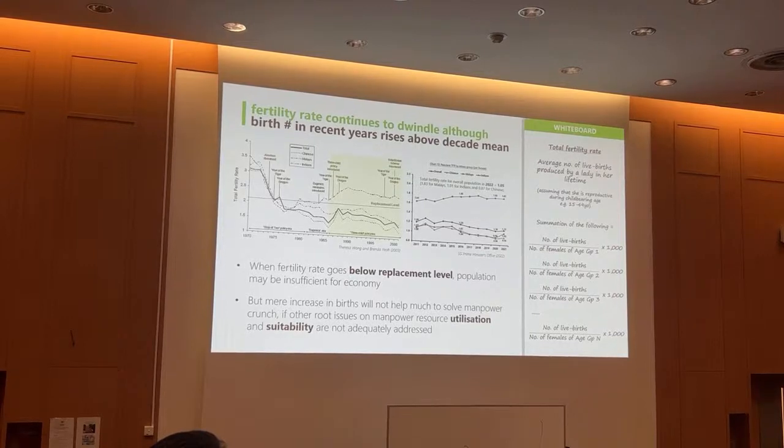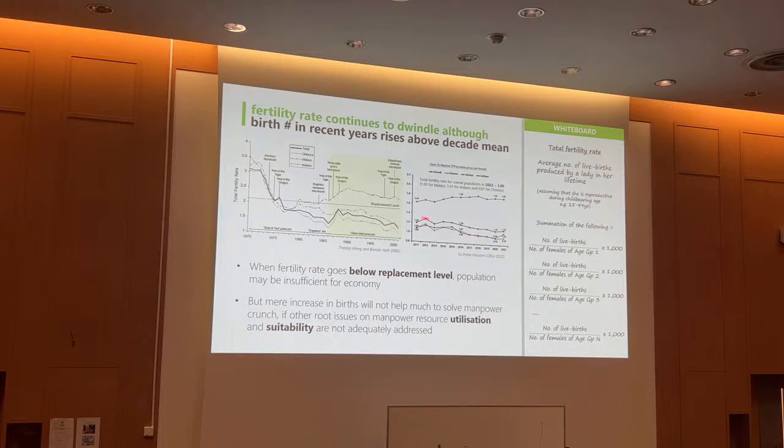So if you have a couple, 2 human beings, and if you can give birth to at least 2 or 2.1, then you can at least replace yourself when you retire and die. When fertility rate goes below replacement level, which is the case for Singapore for many years, the population may not be sufficient for the economy. You may not have enough people to serve the workforce.